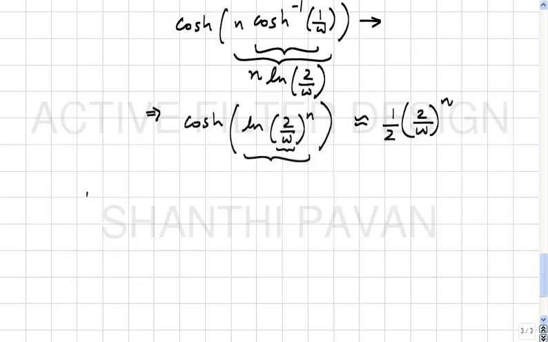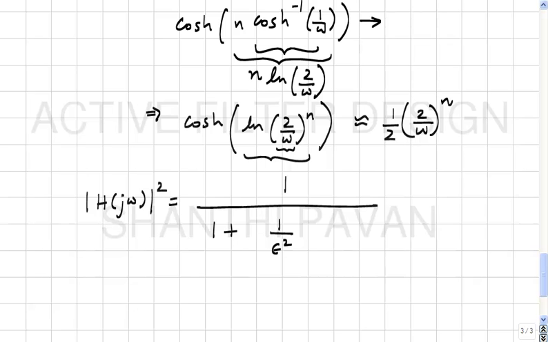So therefore mod h of j omega the whole square is 1 by 1 plus 1 by epsilon square times 1 by 4 times 2 by omega whole to the power 2n.